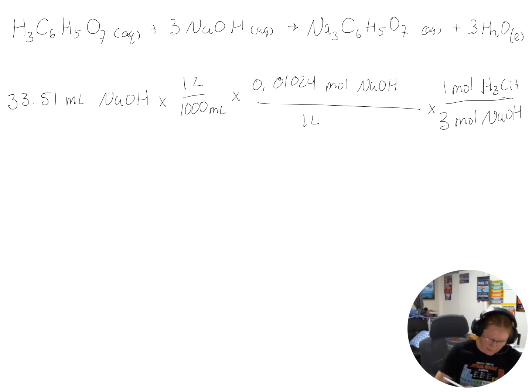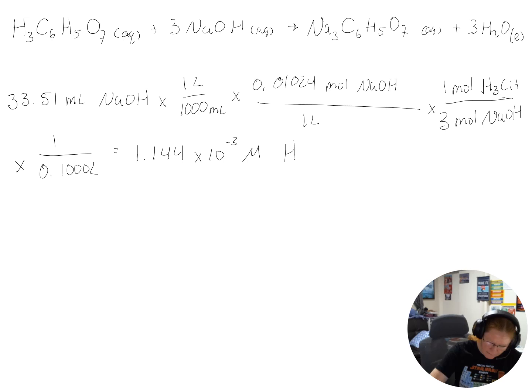So far, so good. And then we want the concentration. So I have a unitless 1, and I had 100 mils over 0.1 liters. Then we grab a calculator and we can figure out that we have 1.144 times 10 to the negative 3rd as our molarity of citric acid.